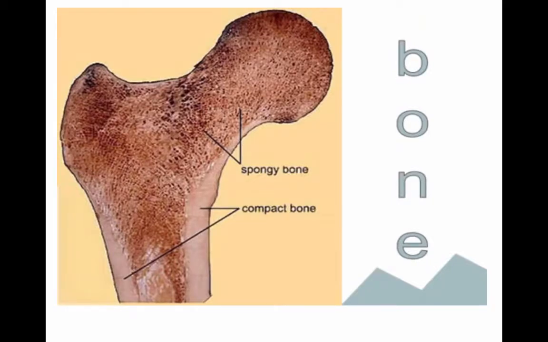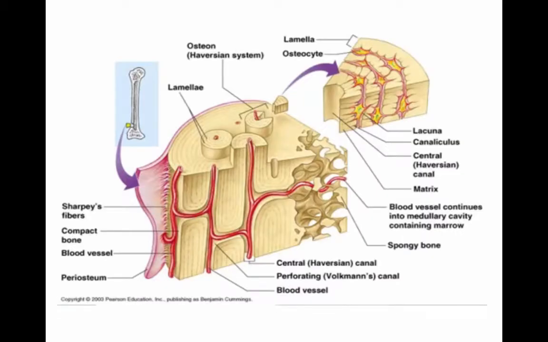There are 2 types of bone. Spongy or compact. They're calcified and vascularized and made of osteocytes. Hey, they support you through compression and tension.